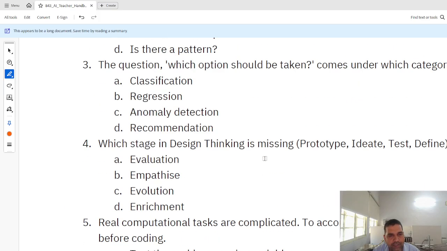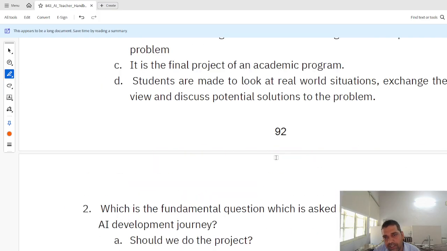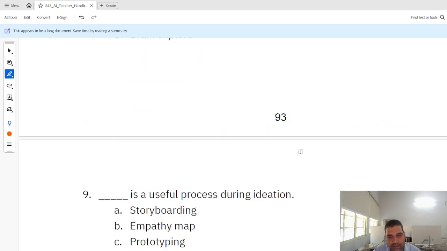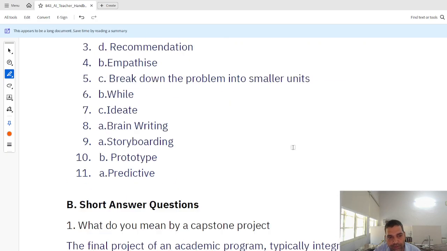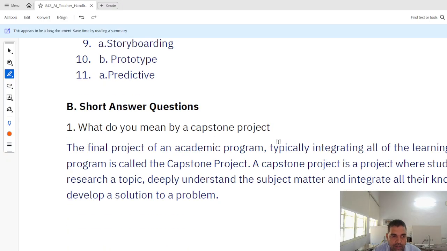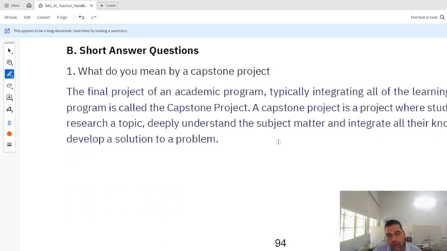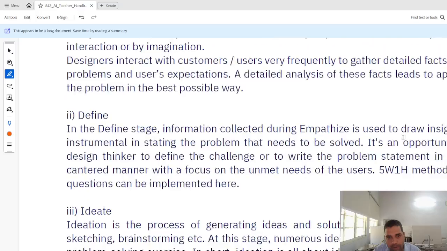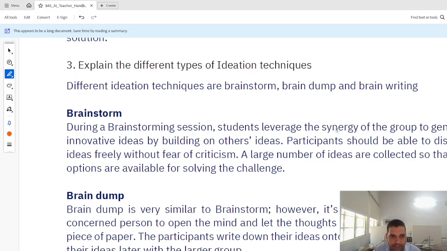So data literacy, what does it mean? The term data literacy gives you information about how good you are at identifying the data, collecting the data, or analyzing the data. That is called being data literate.